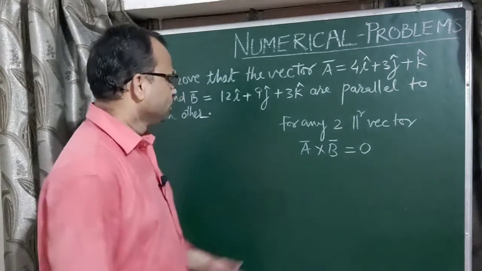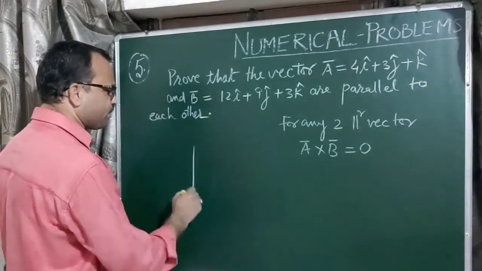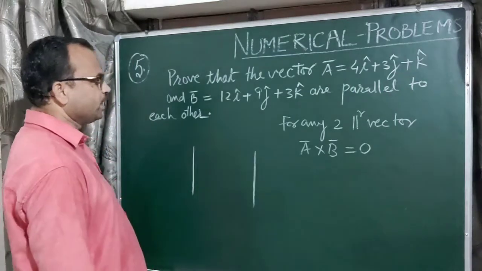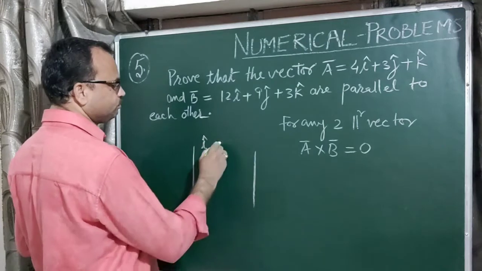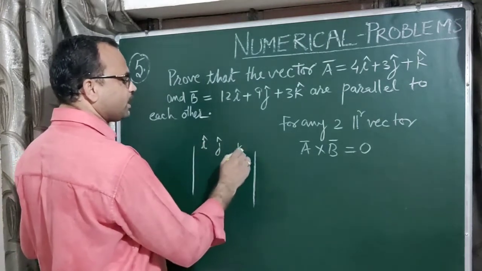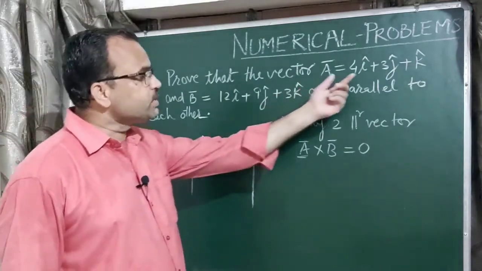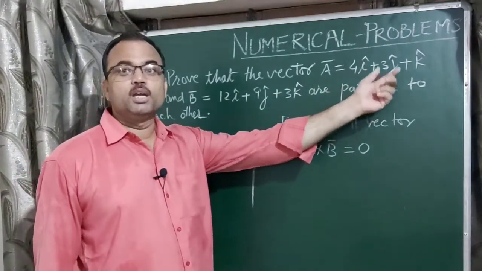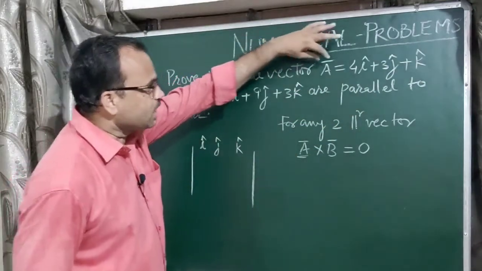For this, first we make a matrix, then on the upper side write i cap, j cap and k cap. Now we put the coefficients of i, j, k of A vector.